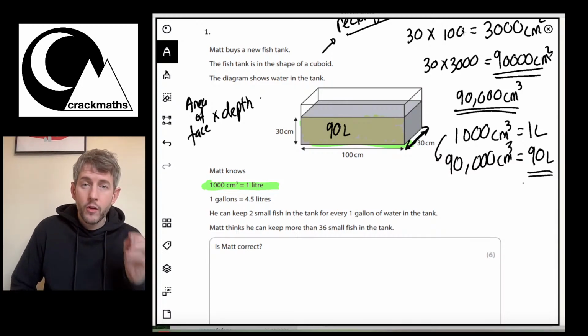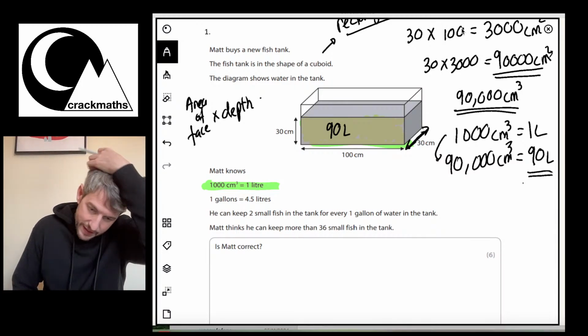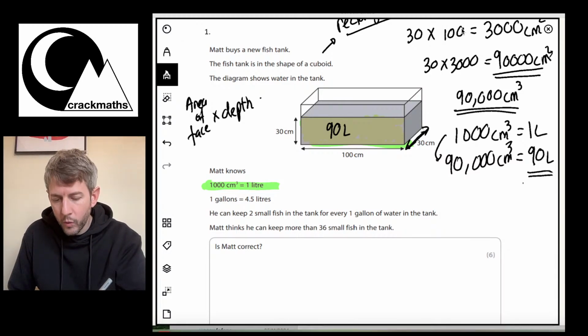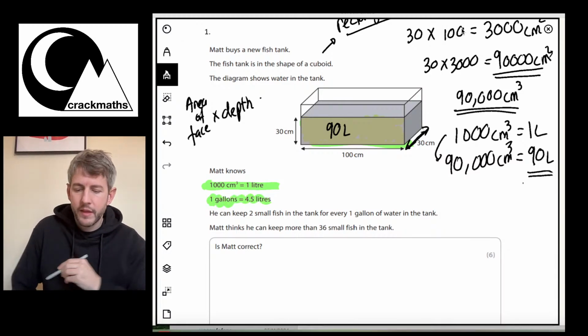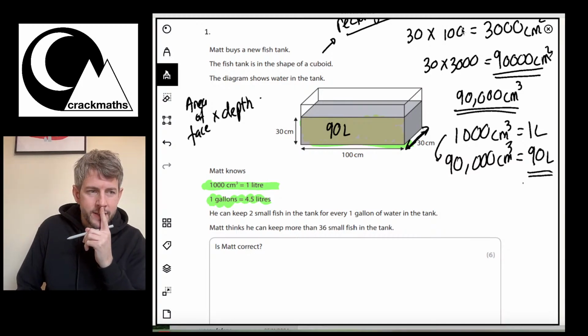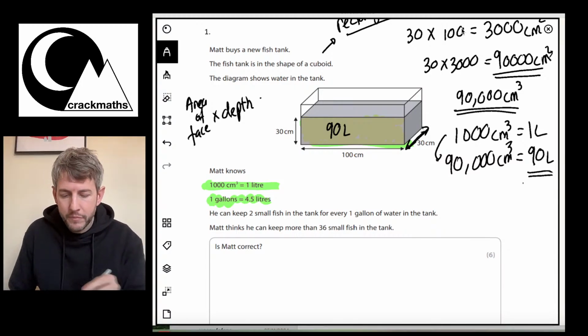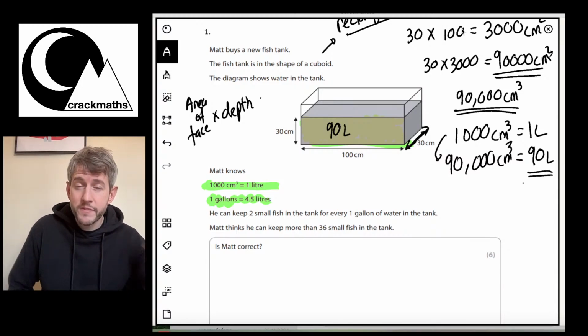Now, what we find here is we've currently got gallons at play. We're told that 1 gallon is 4.5 litres. I'm going to tackle this by using a connection I've spotted.